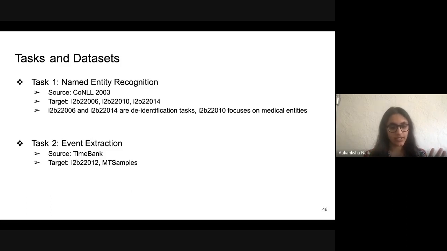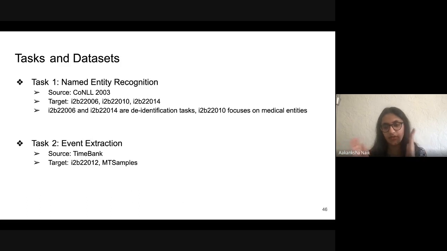The 2006 and 2014 data sets from I2B2 are tasks on clinical de-identification. So the goal is to identify attributes of protected health information, which could be things like what hospital the patient was admitted in, the patient's name, age, etc. So the entity types that occur in these notes that we have to identify are fairly similar to the CoNLL 2003 task, which is focused on identifying named entities like people, locations, organizations, etc. On the other hand, the I2B2 2010 dataset is a medical concept extraction dataset.